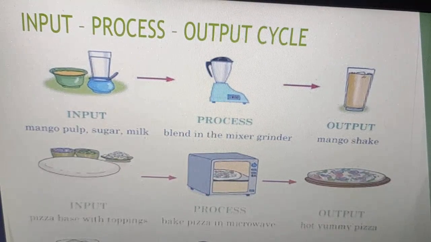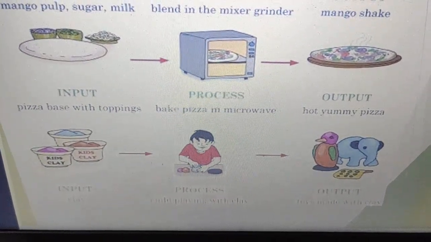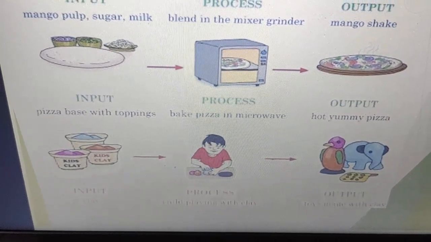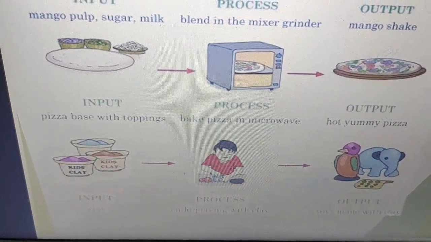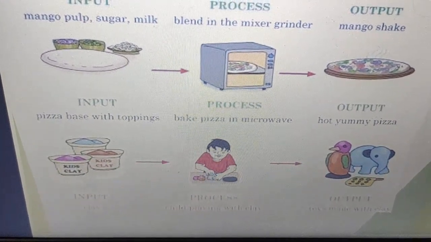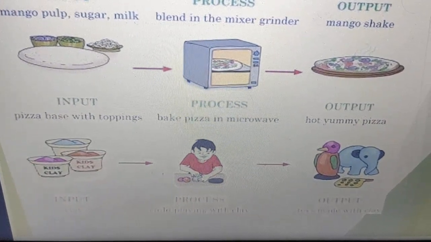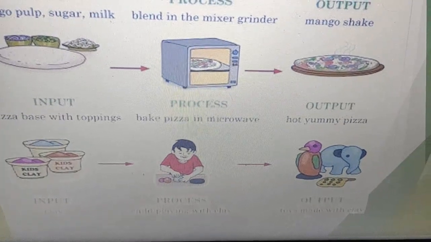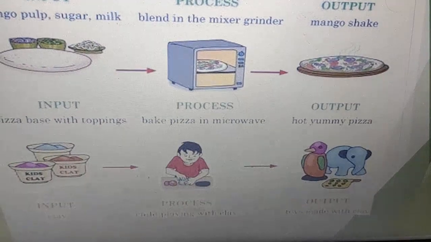Let us take one more example, dear children. When you want to make something good using clay, here we have some colorful clays. In the process, this boy is making something with the clay, and then in the result that boy has made a duck and an elephant with the help of clay.